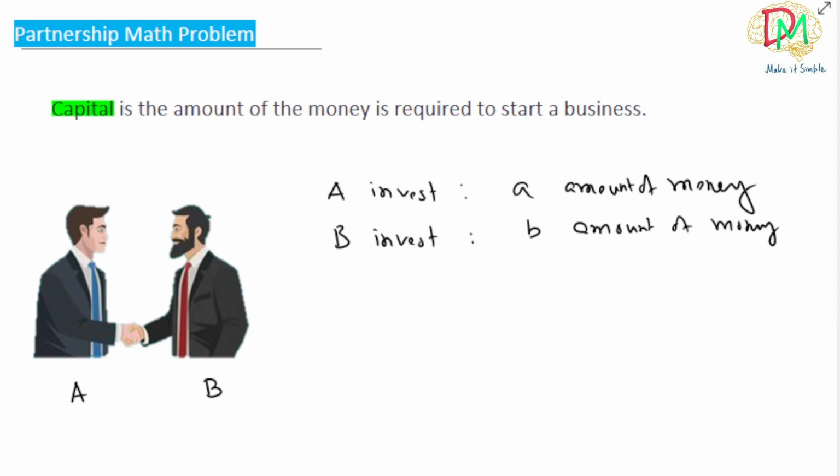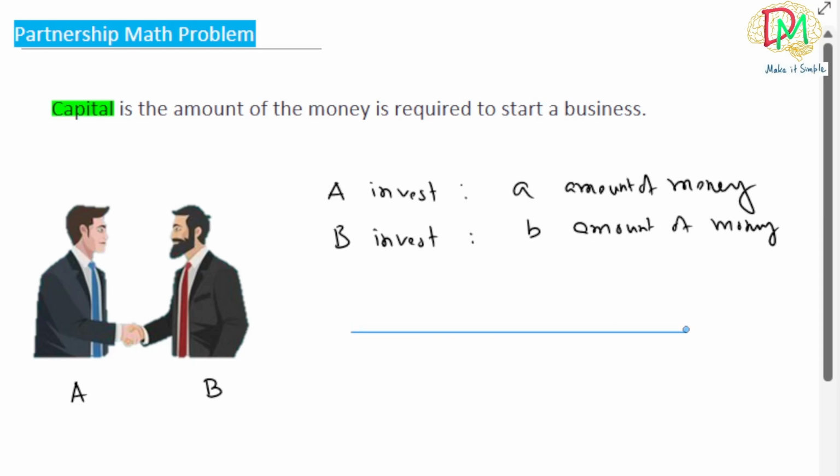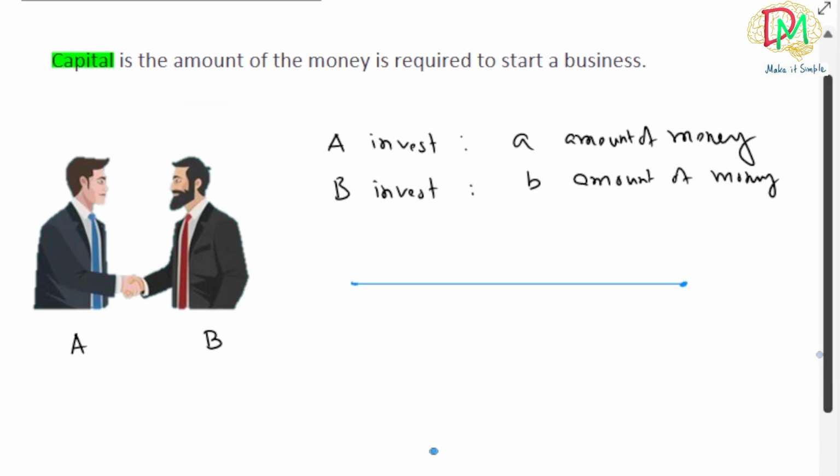Suppose they run the business for 1 year. At the end of the year, whatever profit they make from the business, they distribute between them.